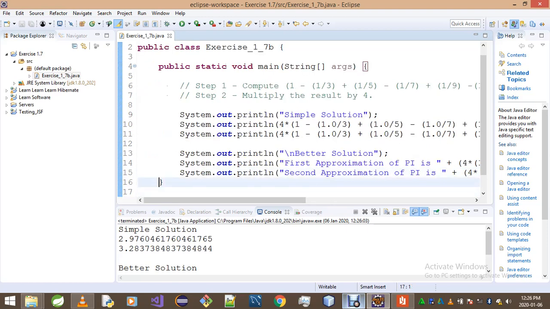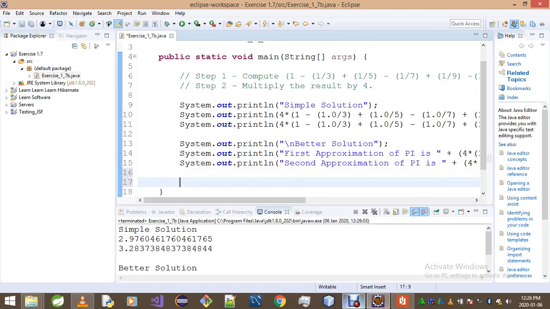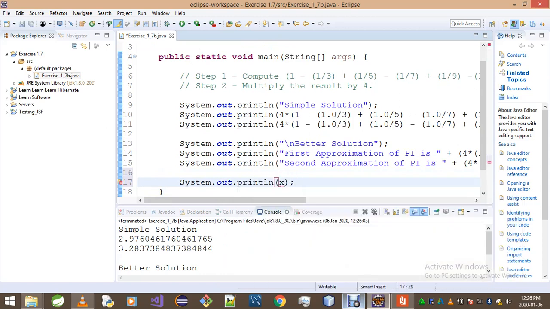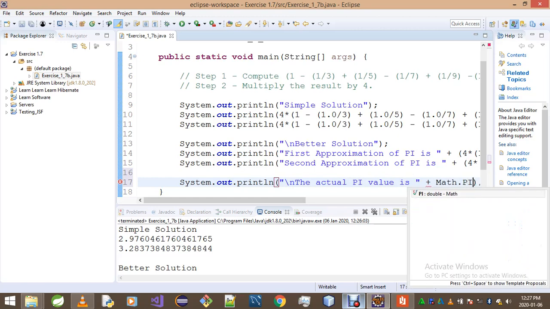Let me do this. Let me just go System.out.println, and before I print anything, let me go to the next line first and then say the actual pi value is Math.PI.